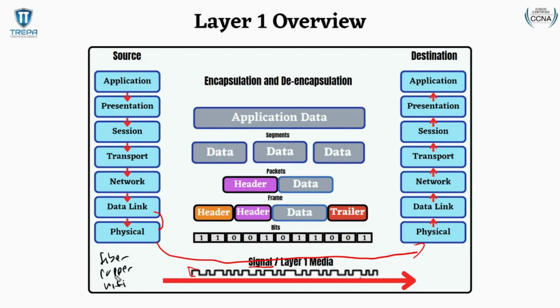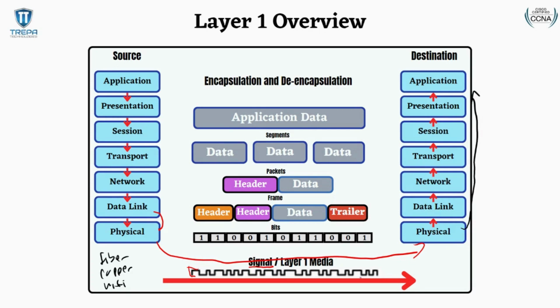Those encoded bits coming across that wire comprise a frame and are received by the end device or the destination and then de-encapsulated back into application or user data.